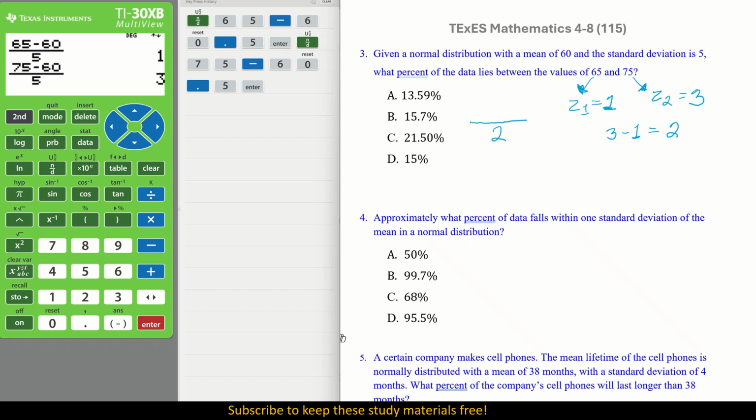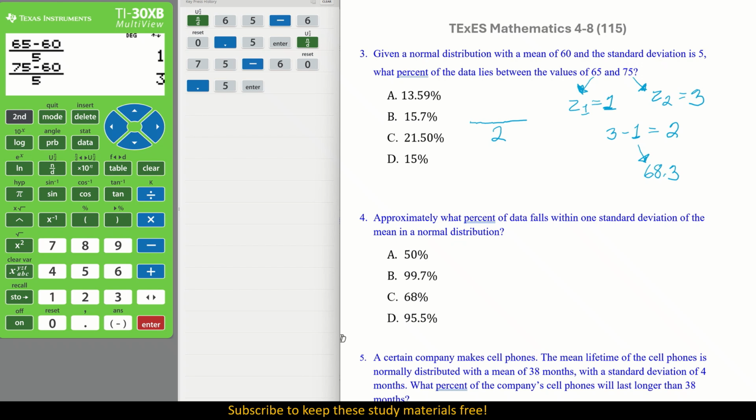Now, these z-scores come with a percentage, and they are empirical. If you remember the empirical rule, if it's within 1, it's going to be 68.3. Now, sometimes we use 68, and you'll see that on the internet and in books, but to be a little bit more precise, 68.3.